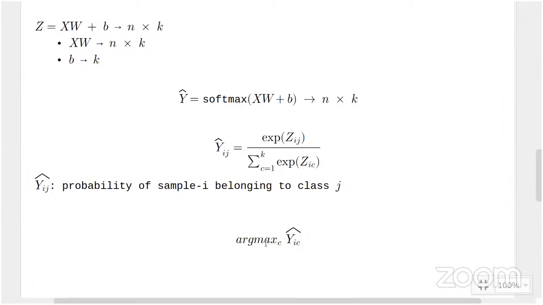Class J here, you could use J here also. It's just an index over which you are going. So look for that element in the row which has the maximum value, that is the maximum probability, and that is your predicted class.